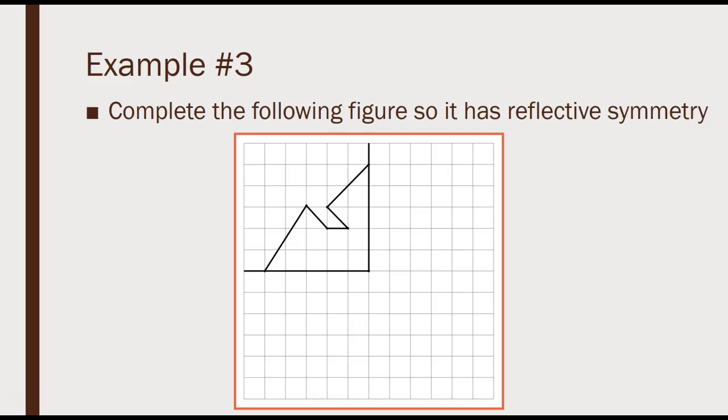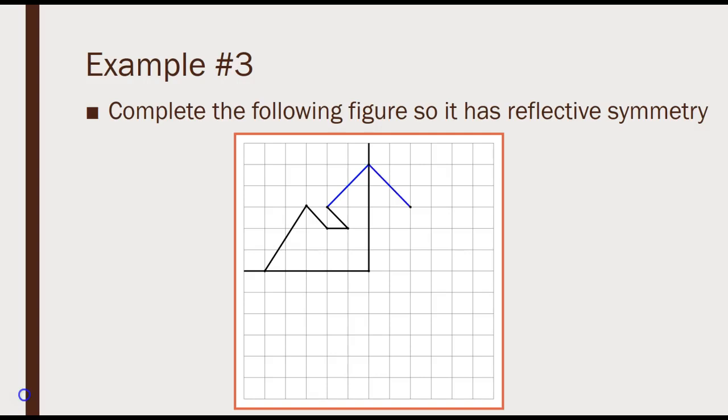So how can we create a figure so it has reflective symmetry? It looks like we are going to have 2 axes of symmetry based off of the image that's provided. And what I'm going to do is just go segment by segment and reflect. So I'm going to take that first segment and reflect it across that horizontal line.